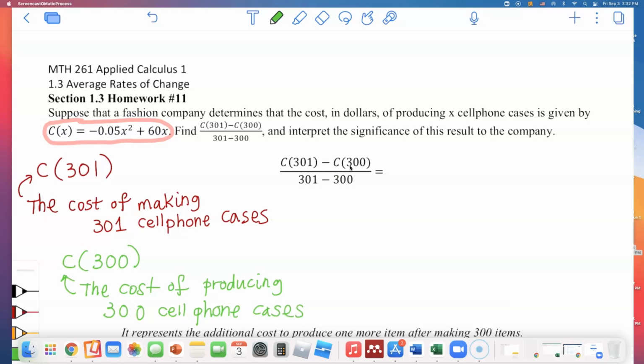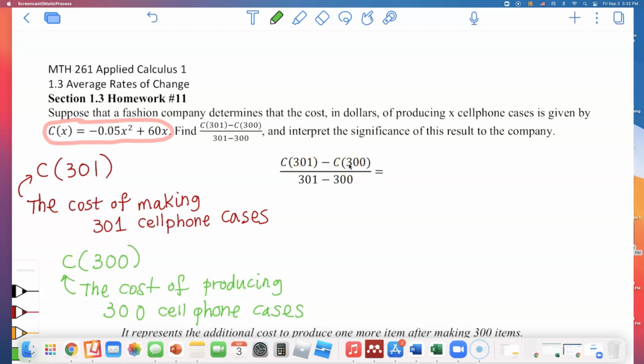And in the denominator, we're just subtracting 301 cell phone cases minus 300 cell phone cases. So it looks like we're comparing the cost. If you make 301 cell phone cases versus 300, how much more money? Or it could be less. I don't know. We'll take a look.